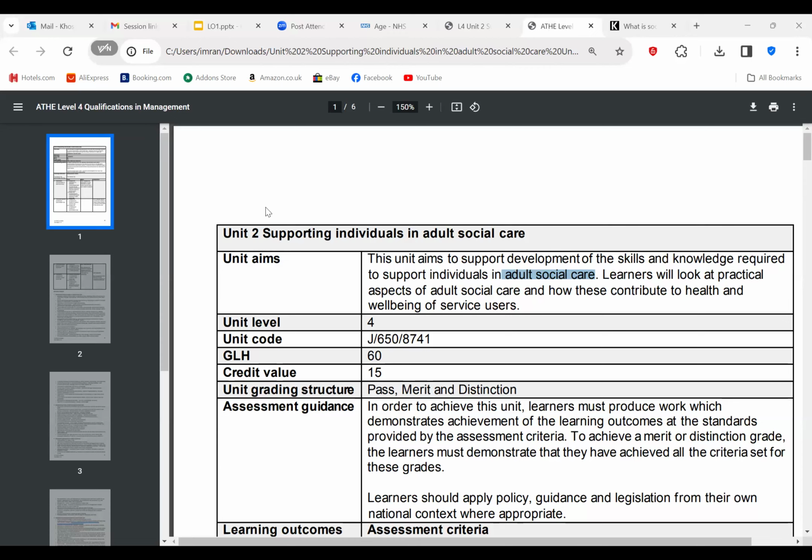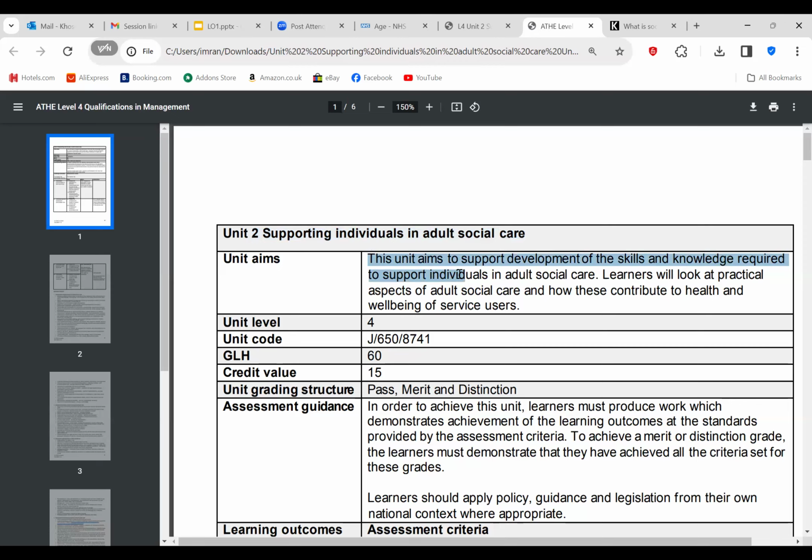Yeah, so the aim here is to support individuals in adult social care. Now, we would want to know what adult social care actually is. We'll go about that in today's learning objectives. This unit specifically aims to develop your skills and knowledge required to support individuals.